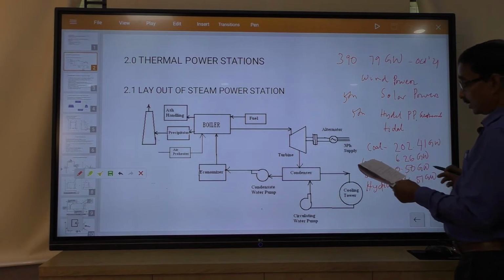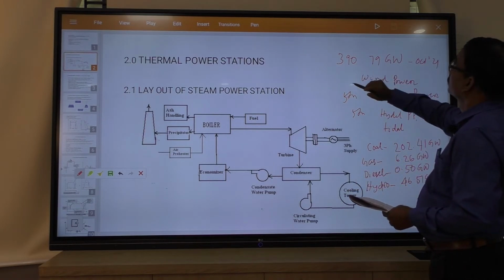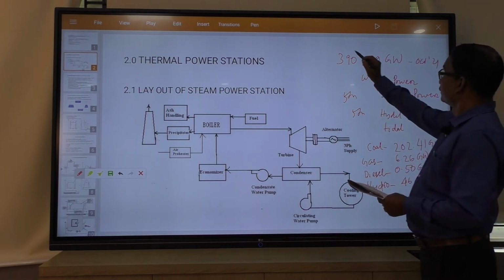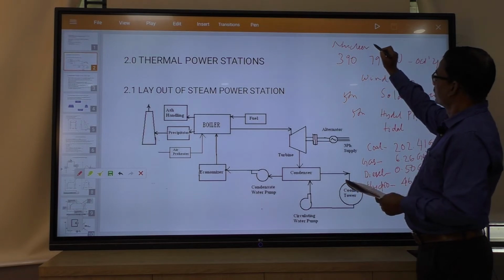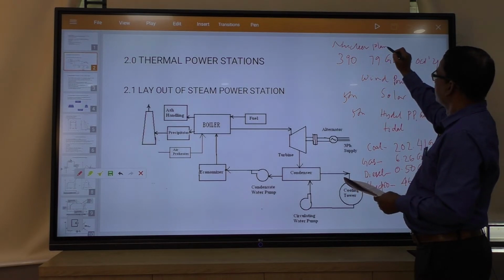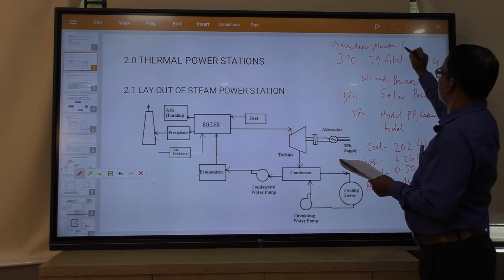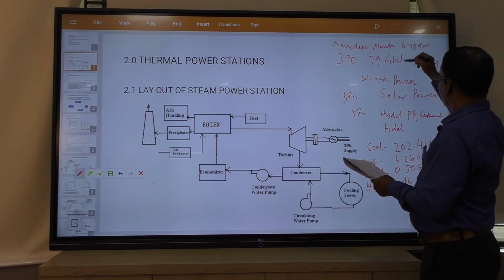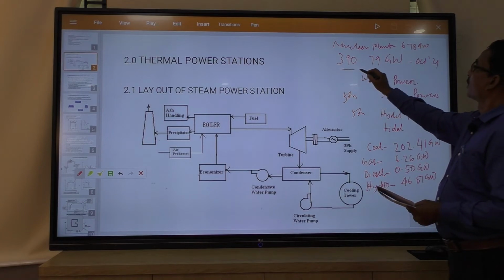But the nuclear power plant is pollution free. The share of the nuclear power plant in India's electricity production is 6.78 gigawatt.